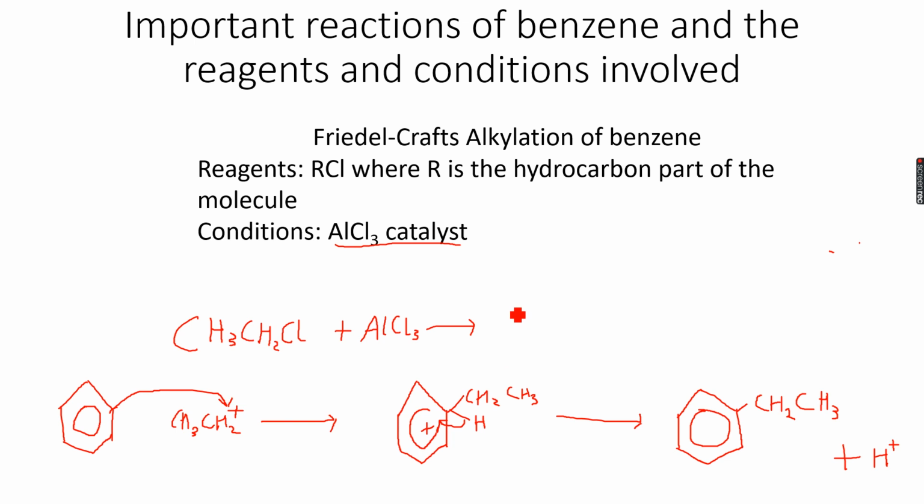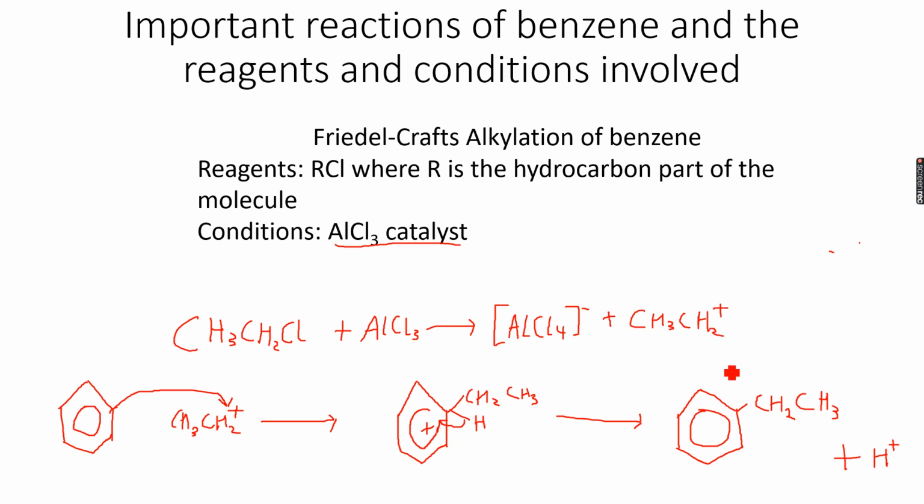And we also have, in this reaction, the complex AlCl4 negative, and with this we also get a CH3CH2 plus group.